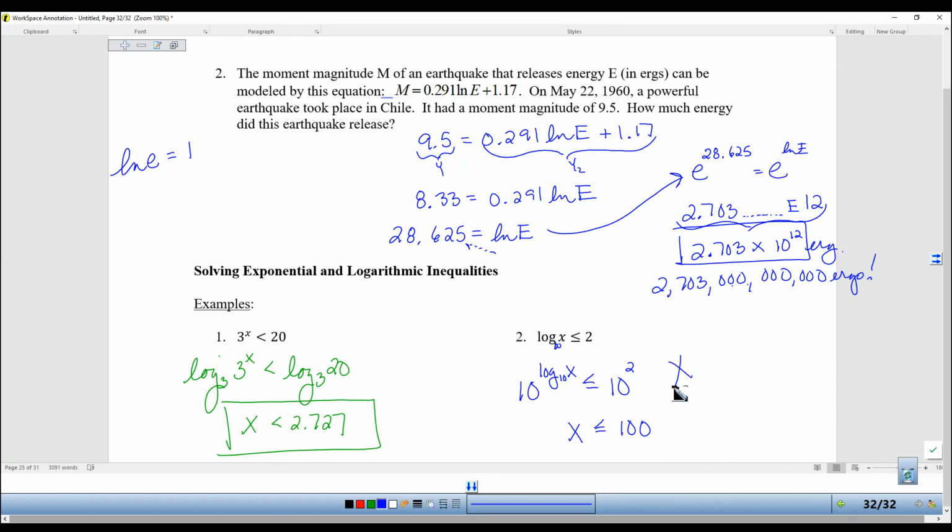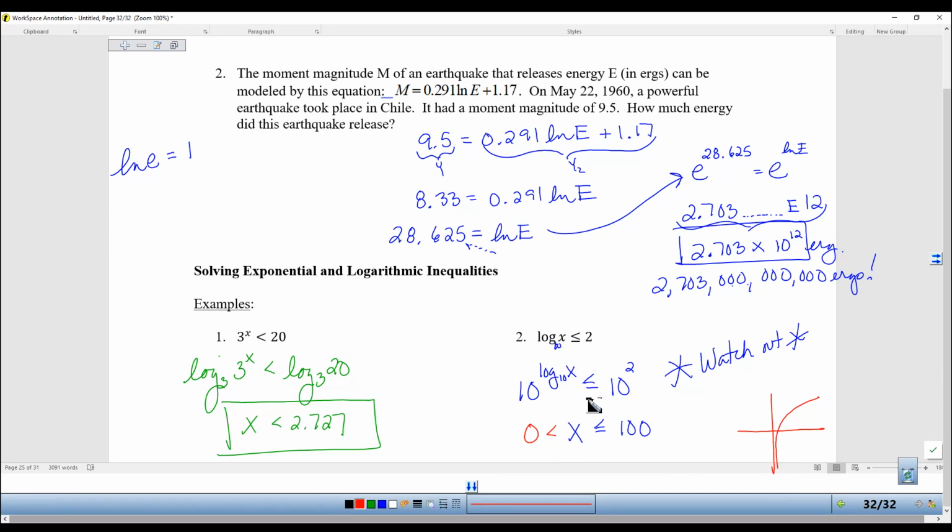Now this is where you have to watch out. Remember, you can't take the log of a negative number. So on your own, you're going to have to think to put this extra x is greater than 0 in. If you recall the graph of a log, it looks like this. It never touches 0. It's never negative.